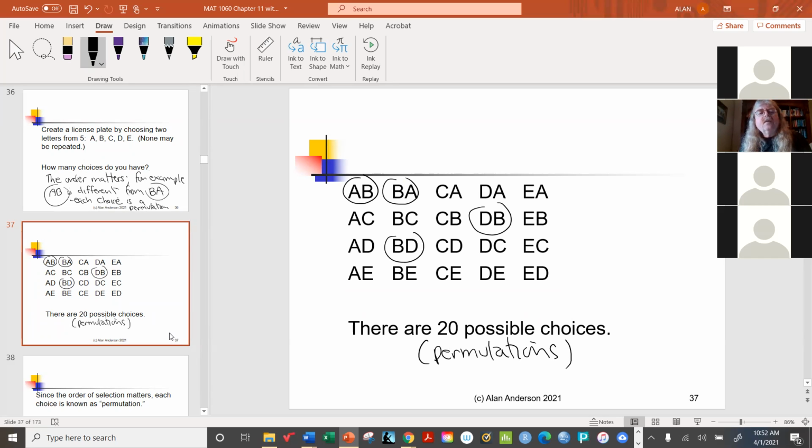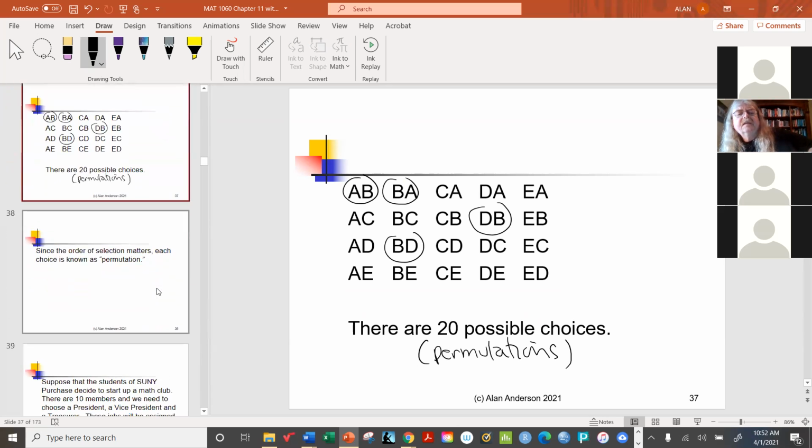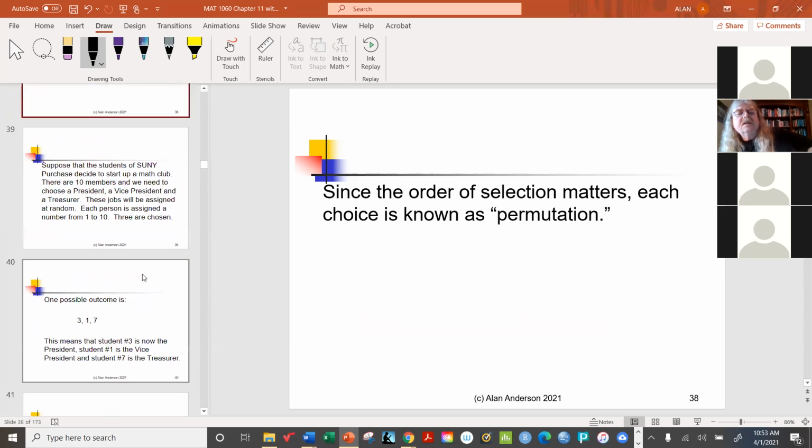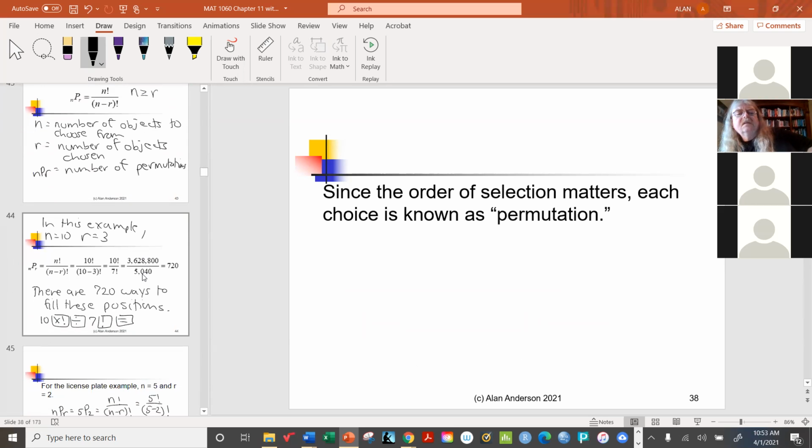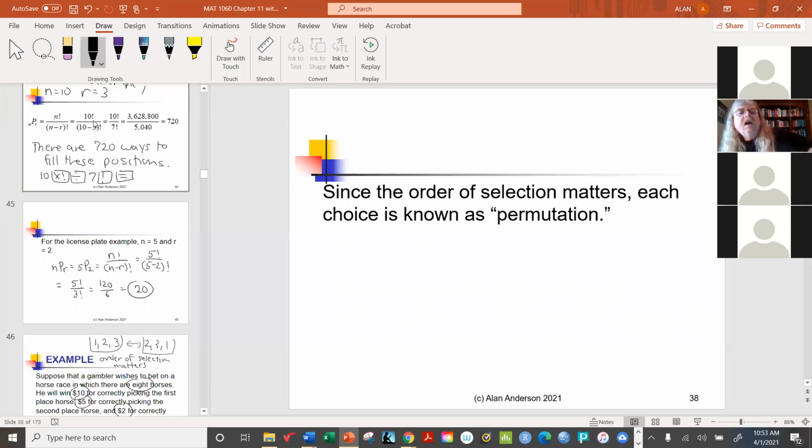The question is, how could we figure that out from our formula without having to list them all? Okay, let's see, where did I do that? Oh, here we go. I've got it in the wrong spot. Hold on a second.